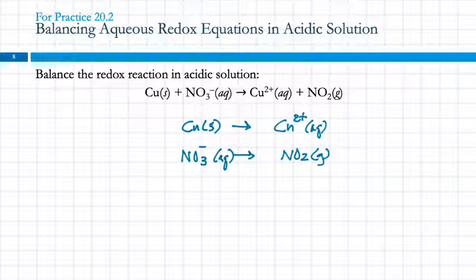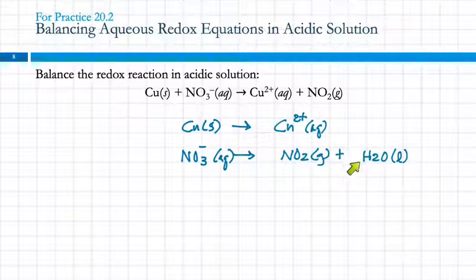So now I balance with respect to mass. The first one, copper and copper, it's all good. The second one, nitrogen and nitrogen, 3 oxygens and 2 oxygens. I can't fix that with coefficients. I need to add water. So I'm going to add H2O, so I can have an extra oxygen over here.